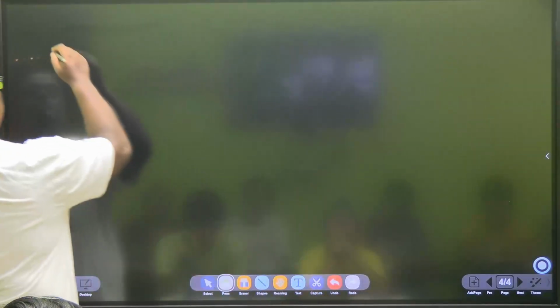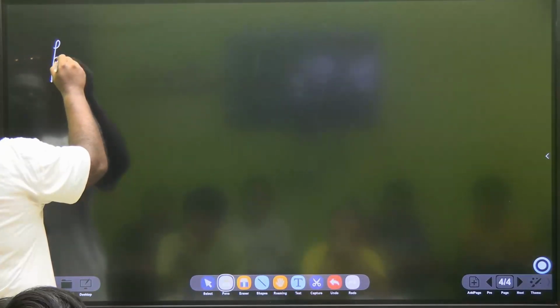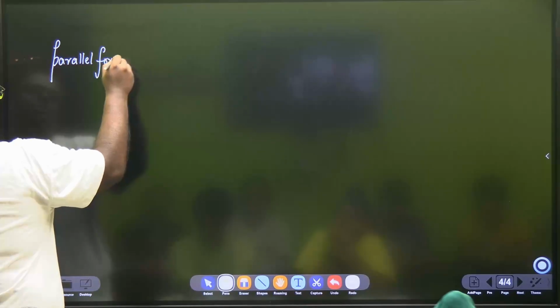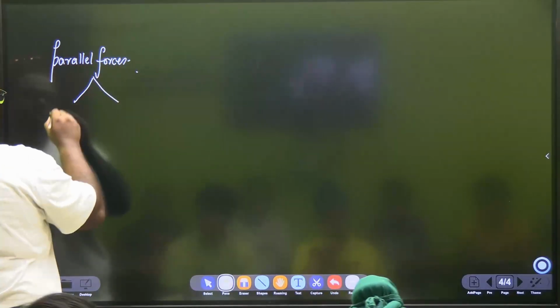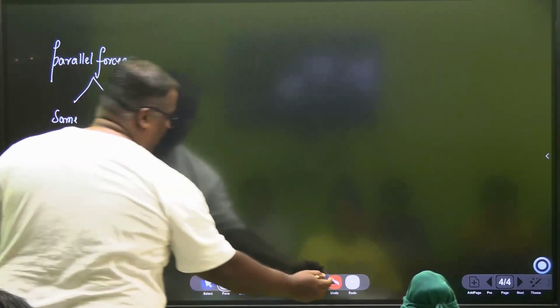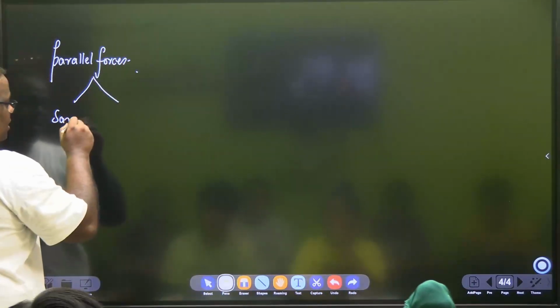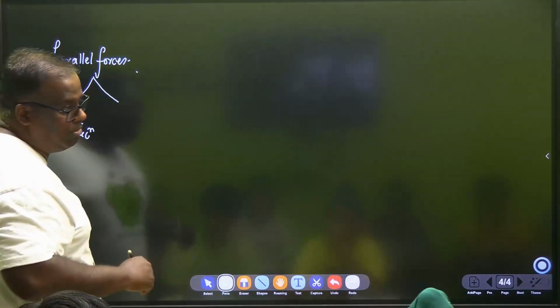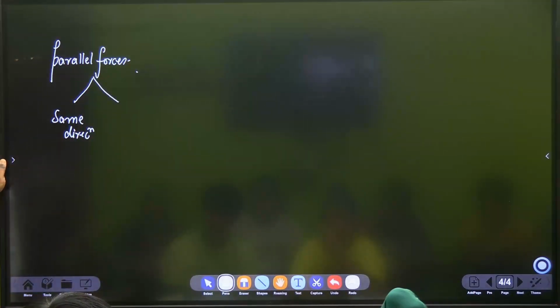So can I say that by now you have understood? ध्यान दीजिए क्लास में. You have understood what parallel forces are. Parallel forces can be same direction. Why I write it in this manner, this is called the mind map way of studying. Even when you are studying, many children start just copying everything.